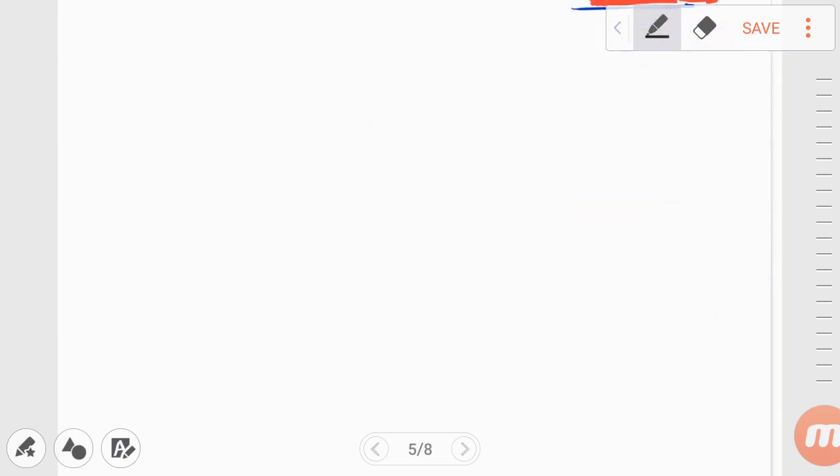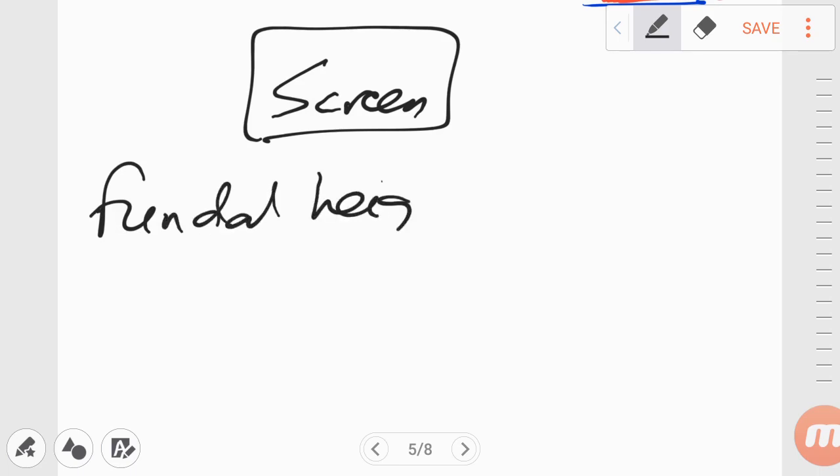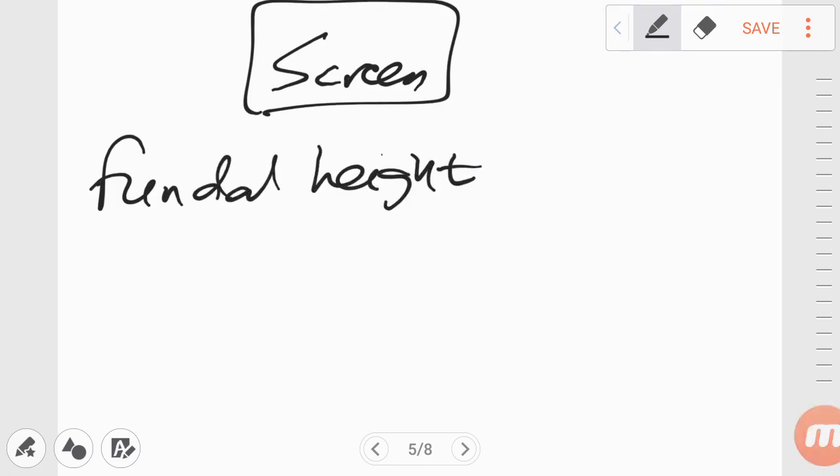To screen for IUGR, the screening tool we use is something called fundal height, which isn't the most accurate test that you can use, but it is often enough to point us in the right direction in terms of the diagnosis.